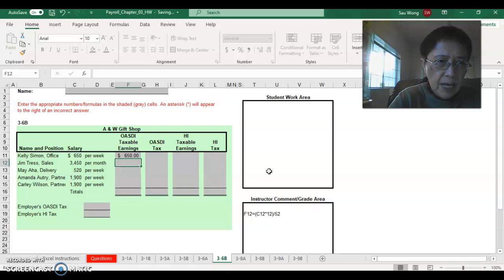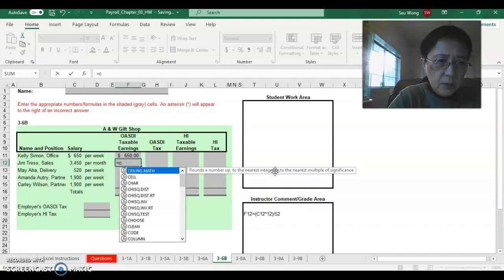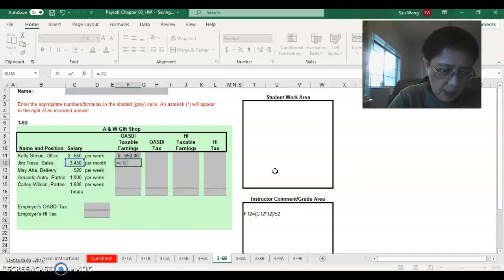So F12 equal to C12 times 12, and then divided by 52 weeks. F12 equal to C12 times 12 months, because each month he gets $3,450.